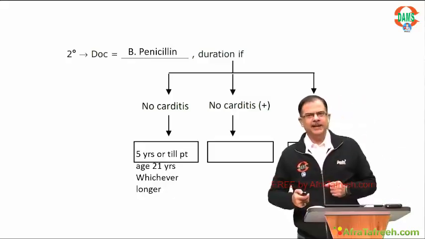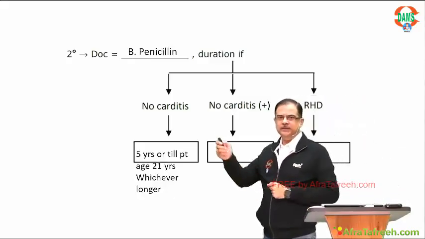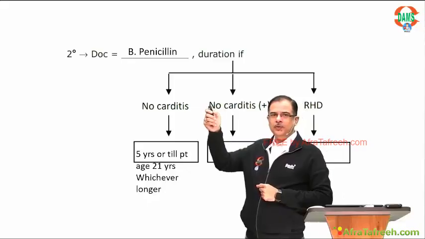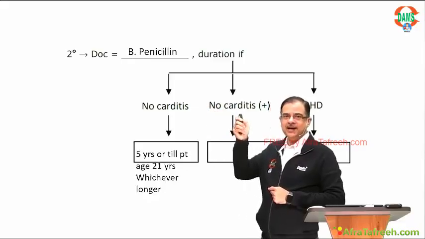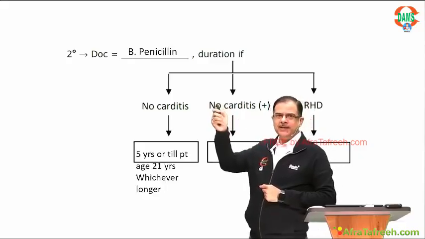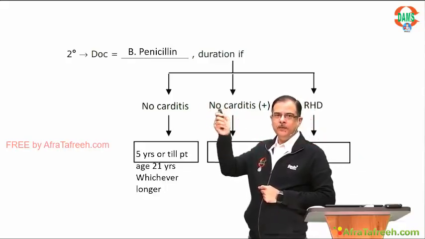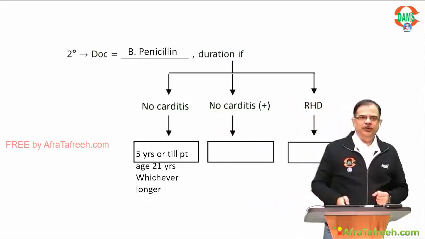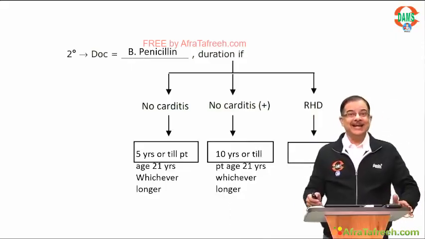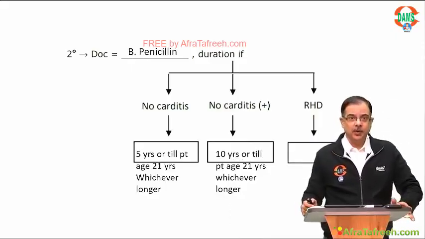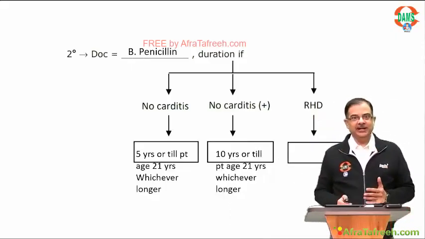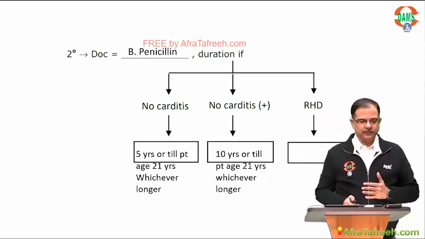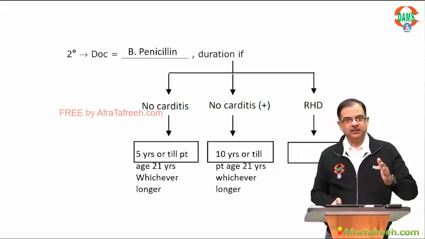And do a minute correction here. Just remove the word no from no carditis. That means carditis positive. So if a patient has carditis, the duration of prophylaxis will be 10 years or till the patient is 21 years of age, whichever is the longer duration.